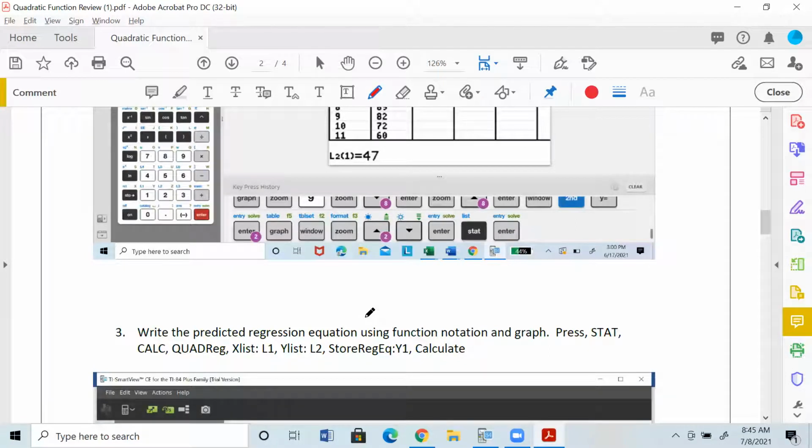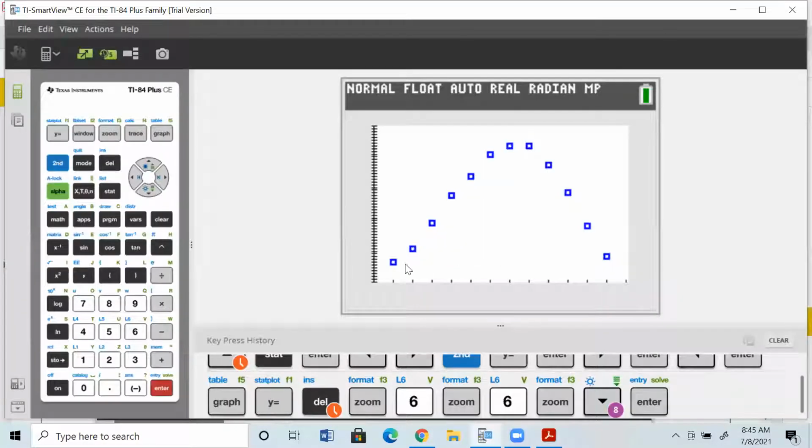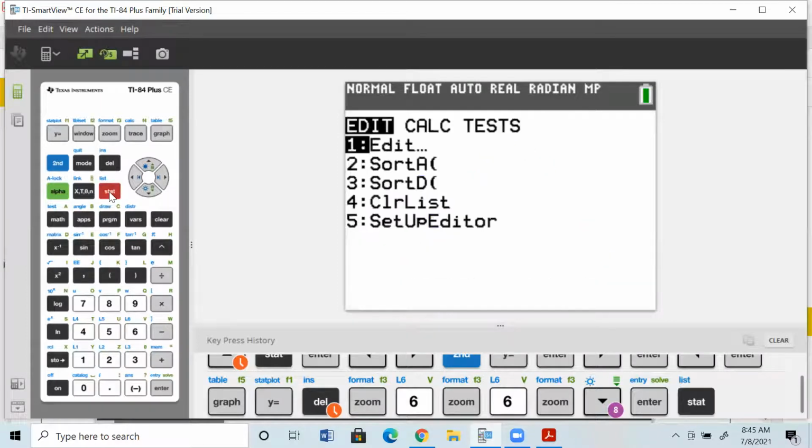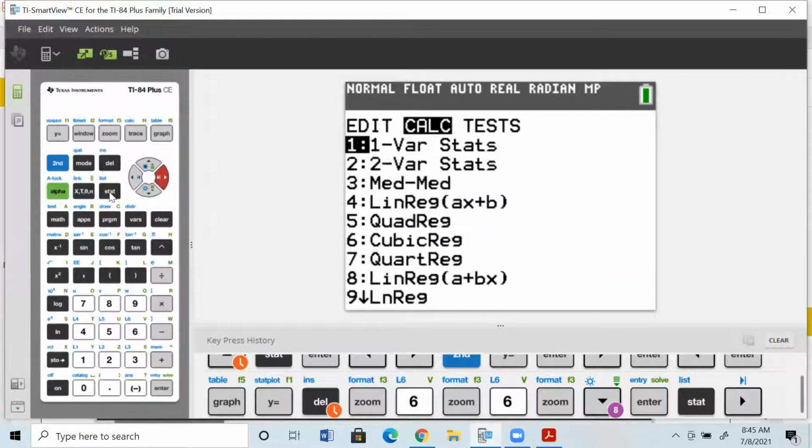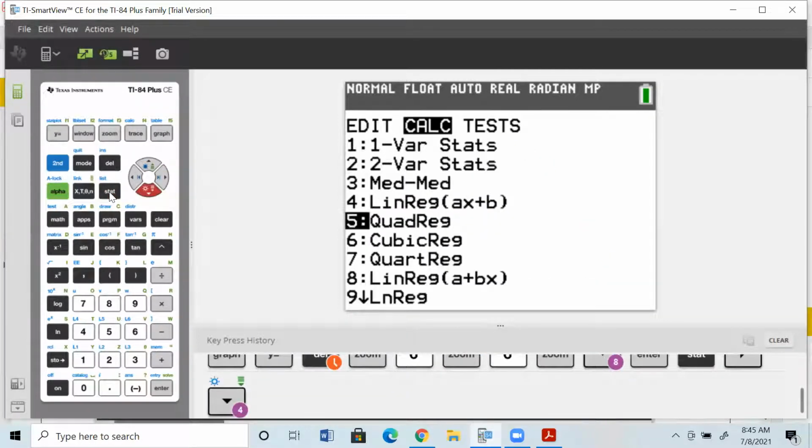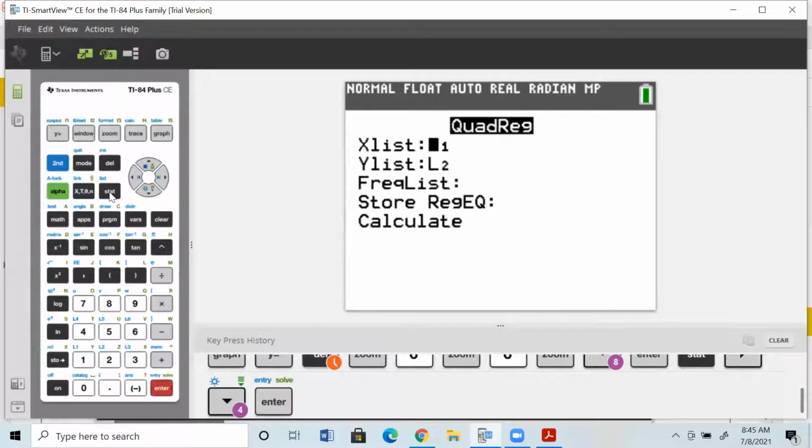The next thing that we want to do in step 3 is find a regression equation, or find a curve that can go through as many of these points as possible. So on your calculator, you'll press Stat, arrow to the right, Calc, down to option number 5, Quadratic Regression.